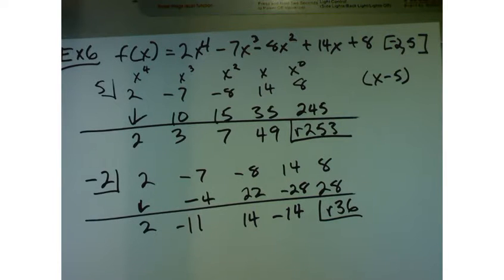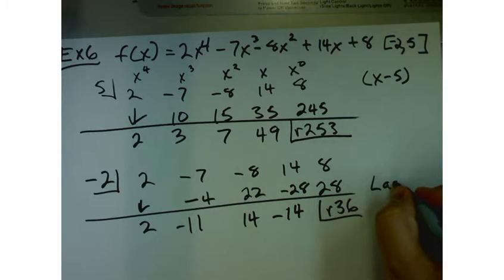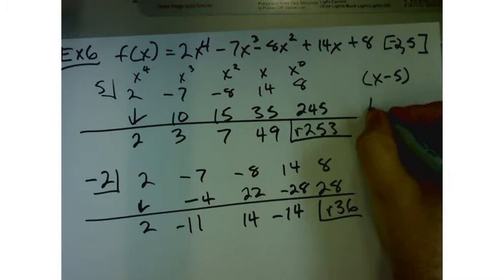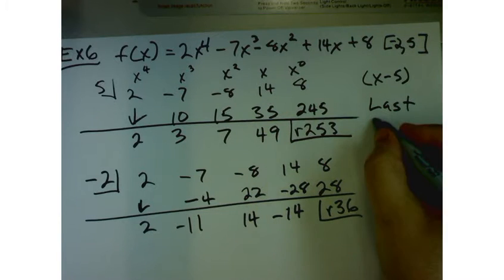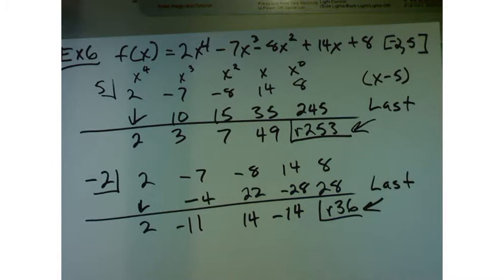Now, what we're really doing is proving that 5 is the upper boundary for the real zeros and that -2 is the lower boundary. The function f has a positive leading coefficient. So we employ the upper and lower bound test by using synthetic division, which we have done, because of the last line, and by last line they really mean last row.